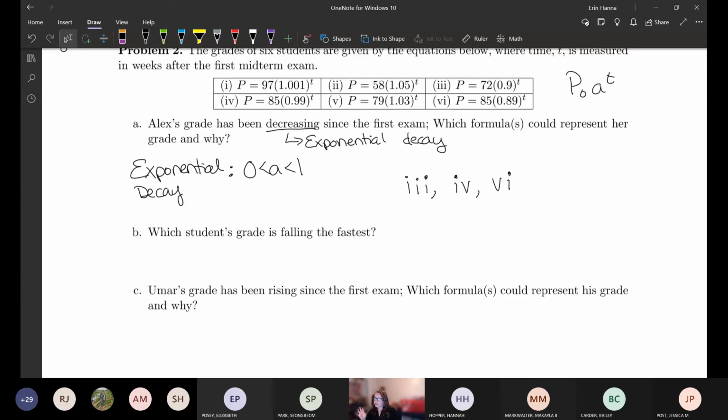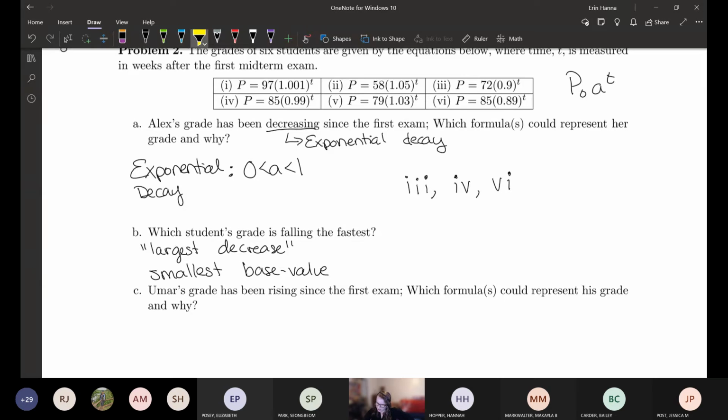We need the largest decrease. The largest decrease is going to be related to the smallest base value, which in this case is an a value, but I just want to say base in case you're using the other form. So we want the smallest base. What is the smallest base we have here?